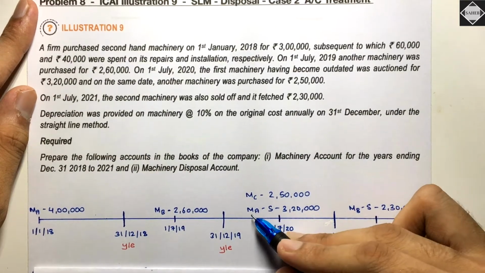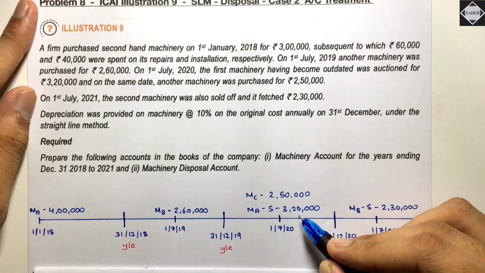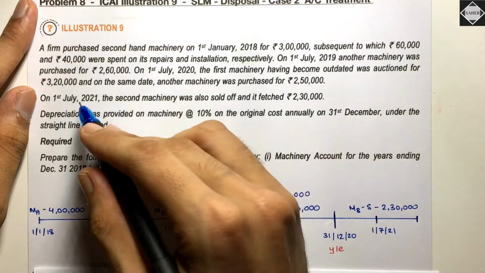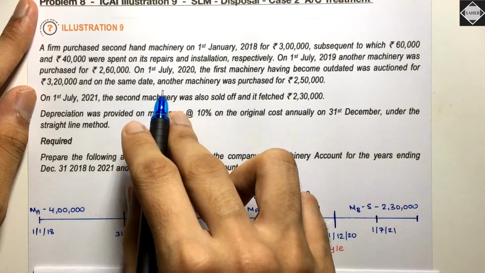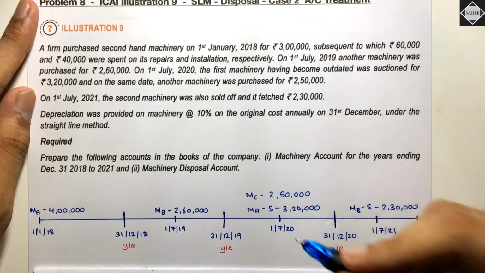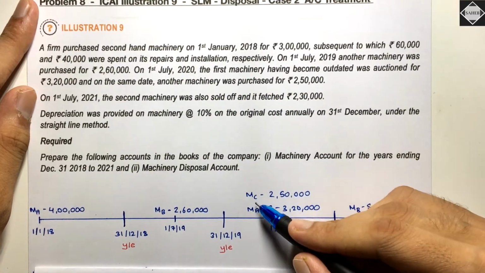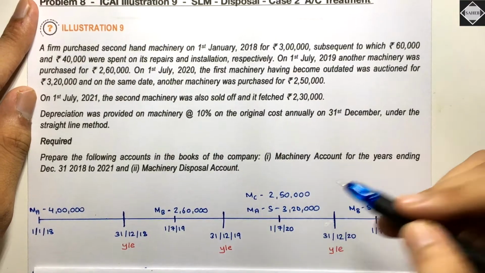Machine A was sold for 3,20,000. Is this clear? And on the same date, 1st July 2020, what else happened? Another machinery was purchased for 2,50,000. Let's call that machine C, 2,50,000.